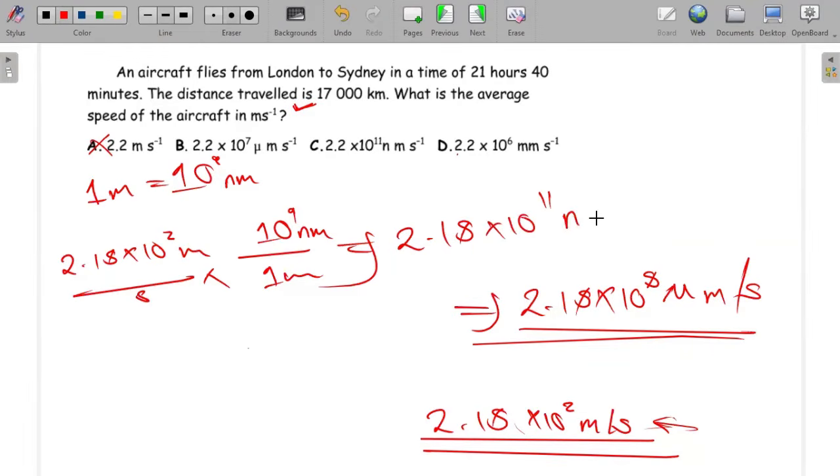Is anyone else finding this answer? Yes, 2.18 times 10 to the power 11. So it's 2.18 times 10 to the power 11 nanometers per second, right?